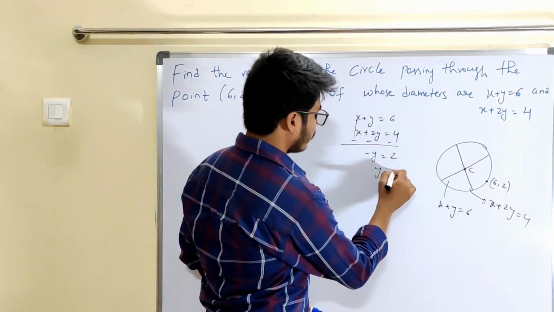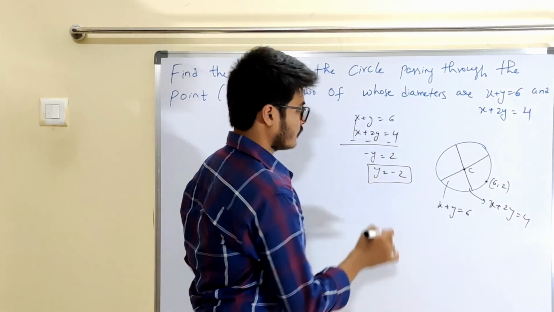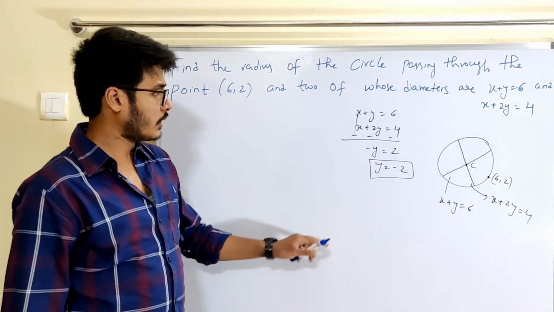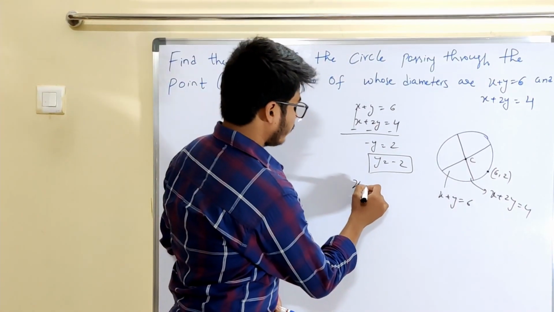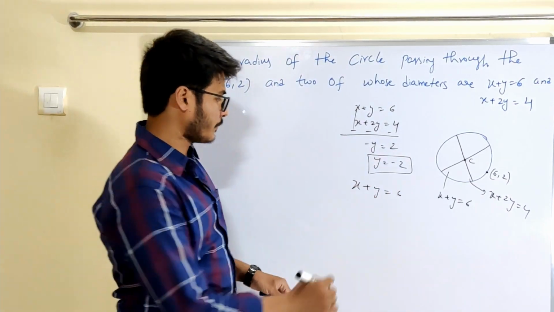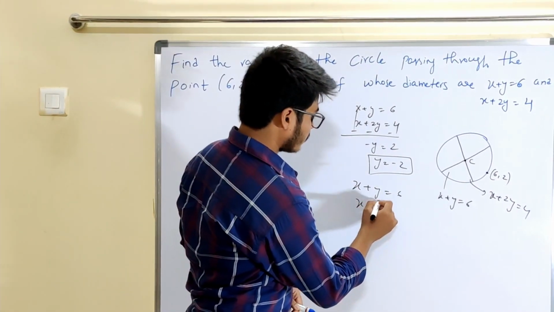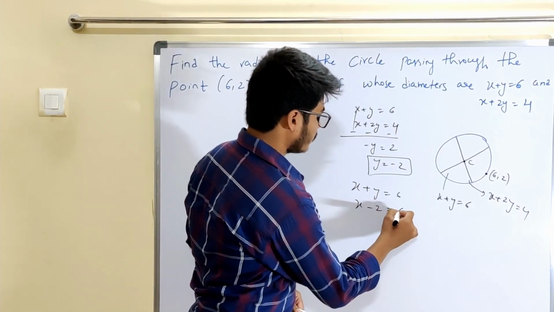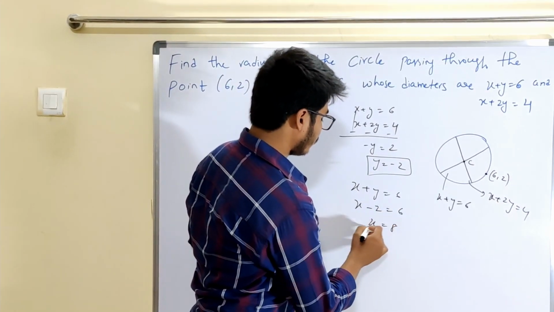So y is equal to minus 2. Similarly, for getting x, we place y is equal to minus 2 here. So x minus 2 is equal to 6, x is equal to 8.